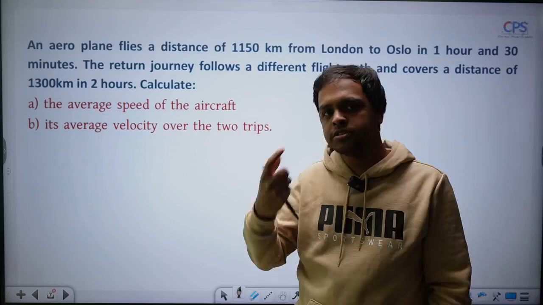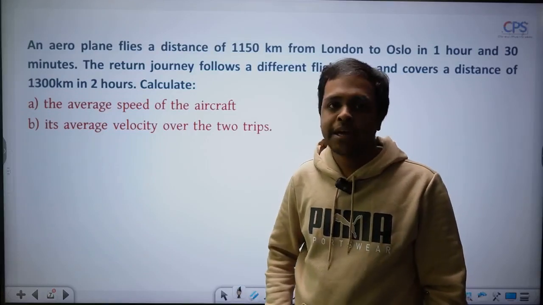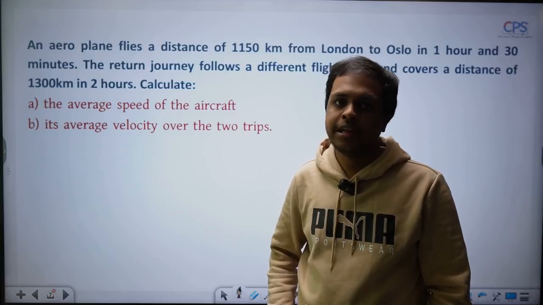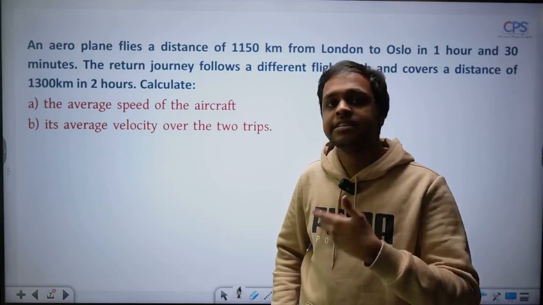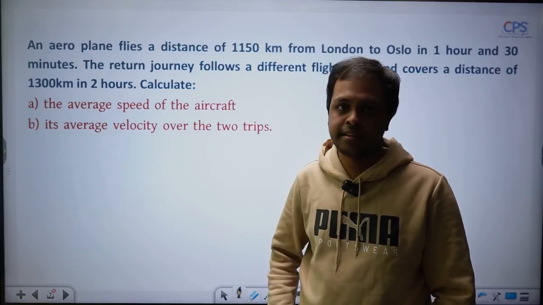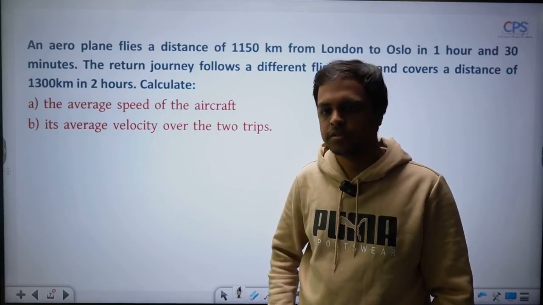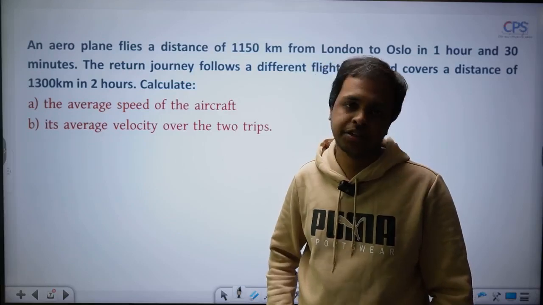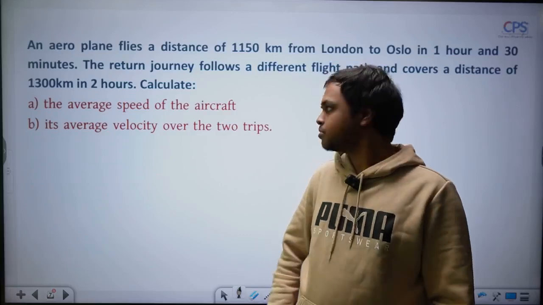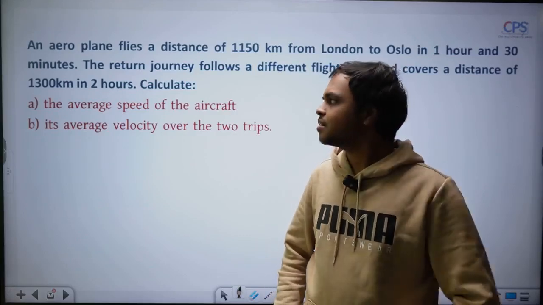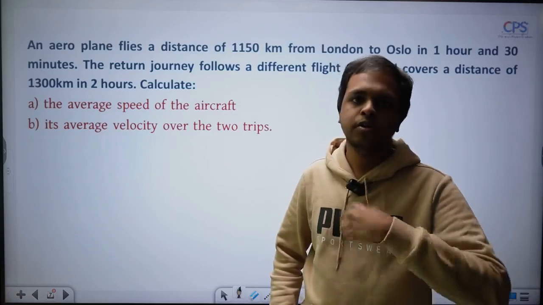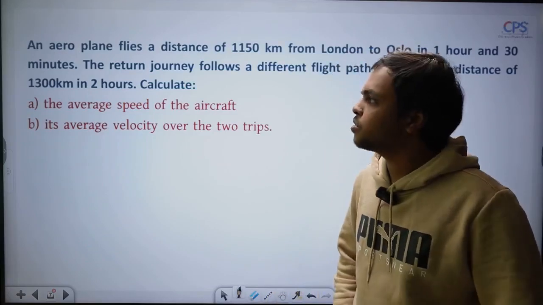Whatever you study, try to make a note of it, because note making will improve your memorizing techniques, and you will feel confident when you revise before the exams. So pause this, make a note of this question, and then we'll try to solve it together.